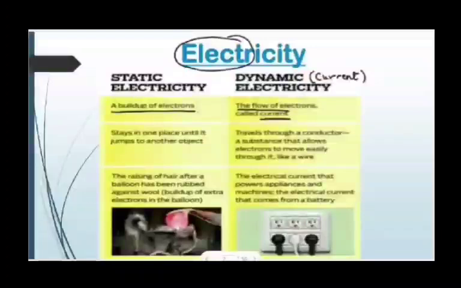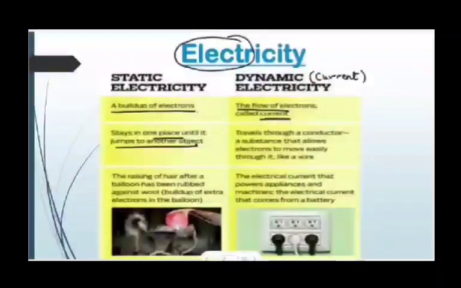Now in static electricity, as I said, it is stationary, it stays in one place until it jumps to another object. And how does the jumping happen? When you rub something against this object which is building up the static electricity. For example, our hair. The electrons keep building up.